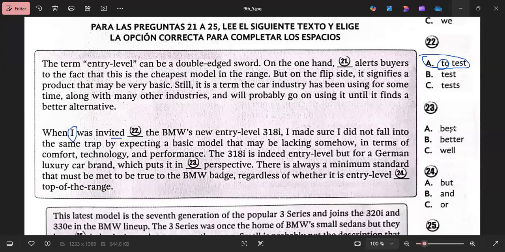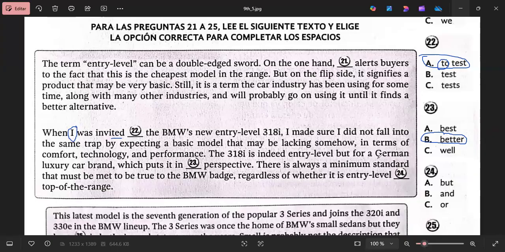Now we have three options: puts it in best perspective, better perspective, or well perspective. Over here, I will suggest better because it is comparative.